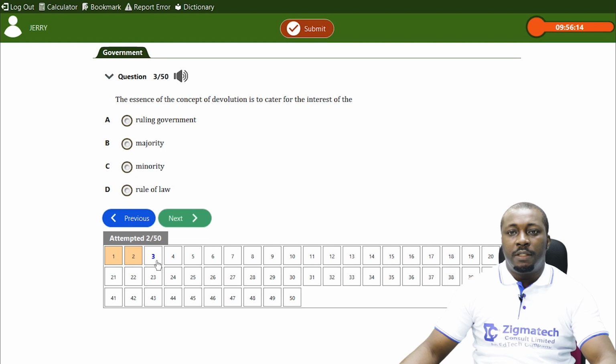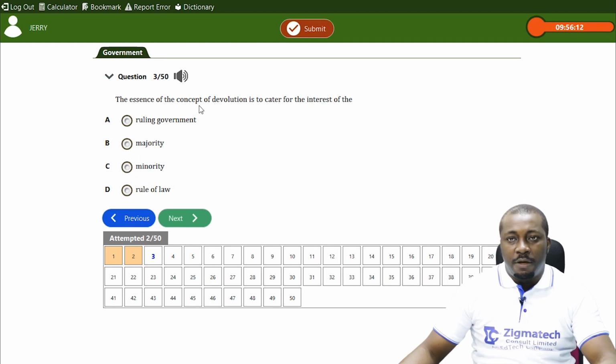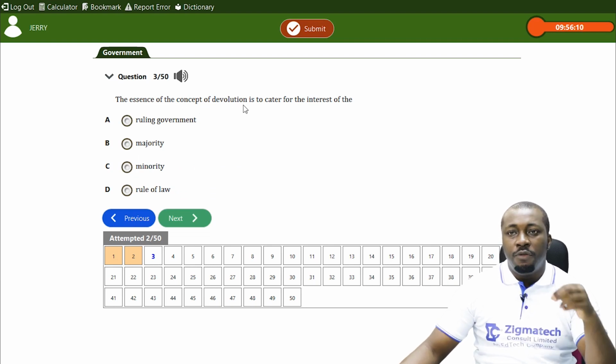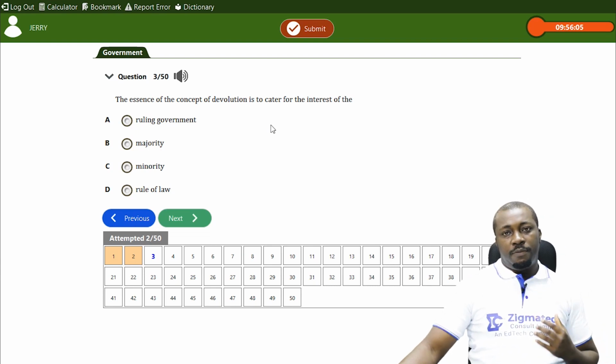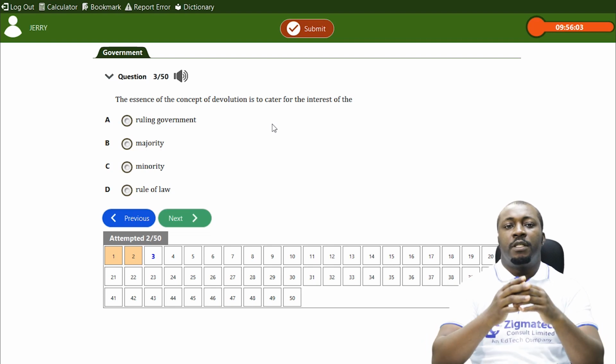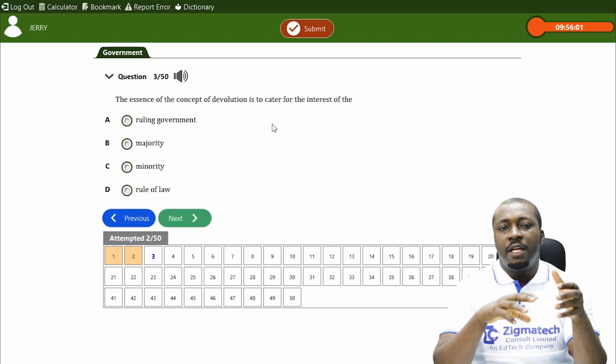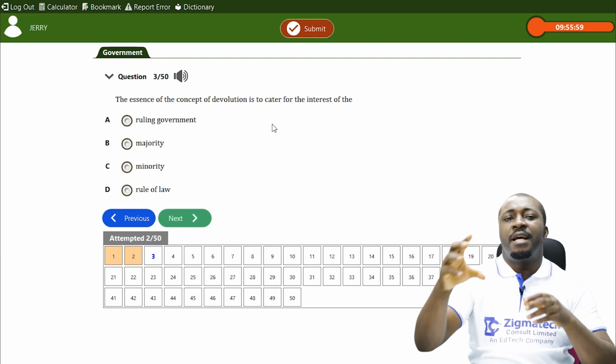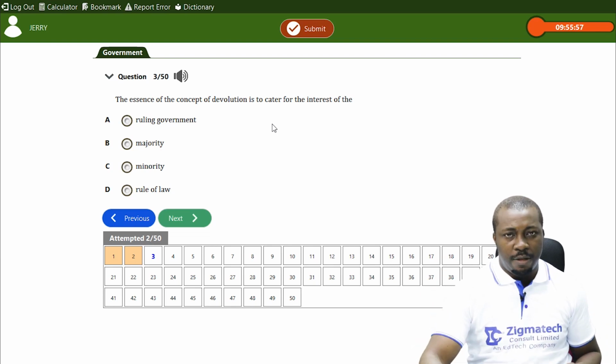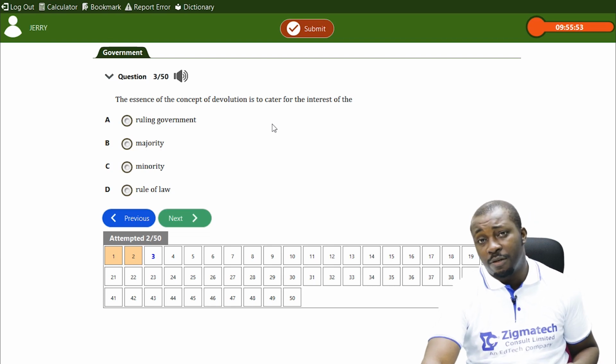Now, next one says, the essence of the concept of devolution is to cater for the interests of the. Now, the concept of devolution is a process where the central government transfers political power to component units, in most cases created by the central government.